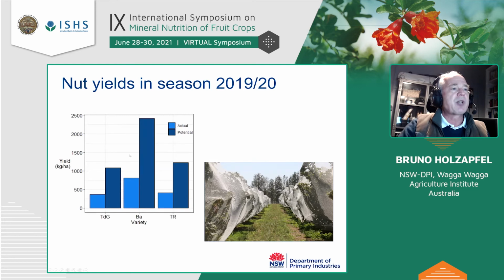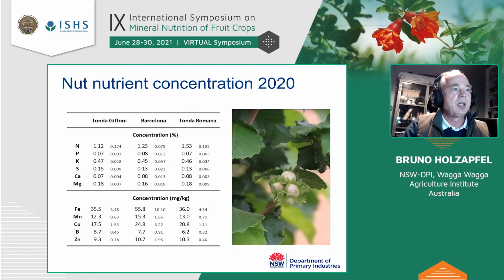So Barcelona showed the highest yields, and that's why we have actual and potential yields, because we need to estimate what was actually taken by the birds. So we expect that the yield will still about double in the coming years. But it's clearly a difference from the yield level when you think about removal of nutrients.